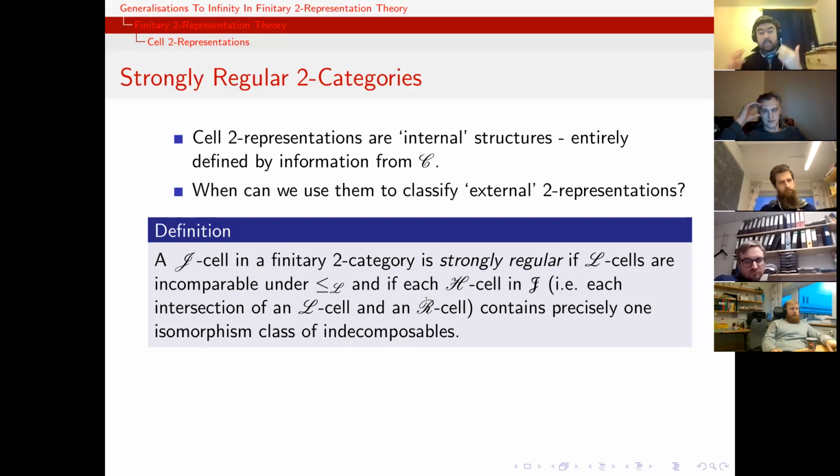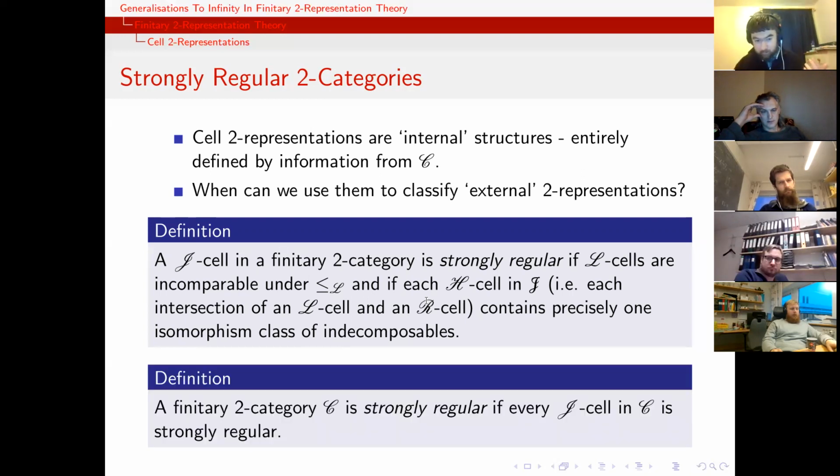The most important condition is that each H-cell, so each intersection of a left cell and a right cell, contains precisely one isomorphism class of indecomposables. So effectively, you might have seen in other talks by people in this area, you can form this nice grid structure where, say, the rows are left cells and the columns are right cells, and each box contains precisely one isomorphism class. And then a finitary two-category is strongly regular if every J-cell in it is strongly regular, so every two-sided cell.